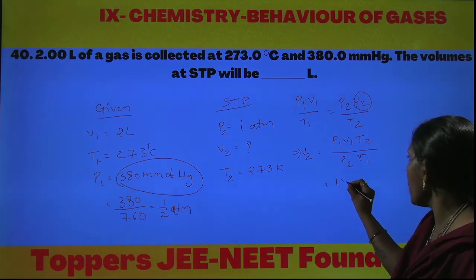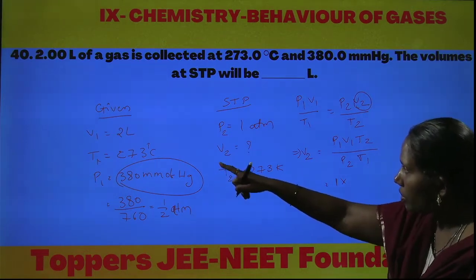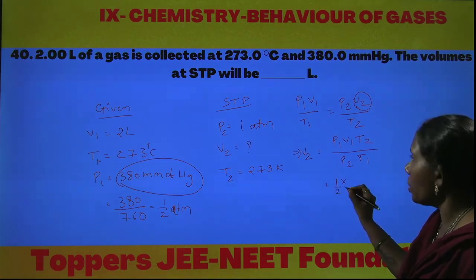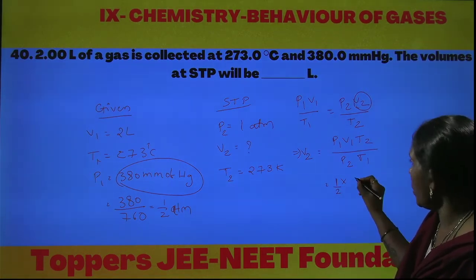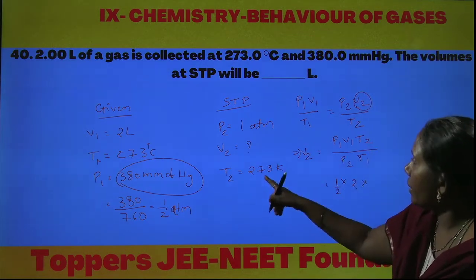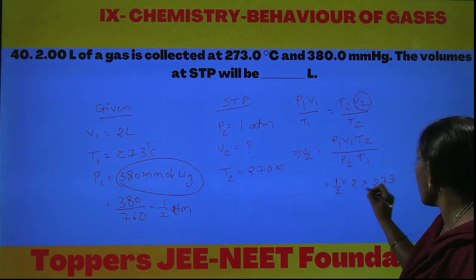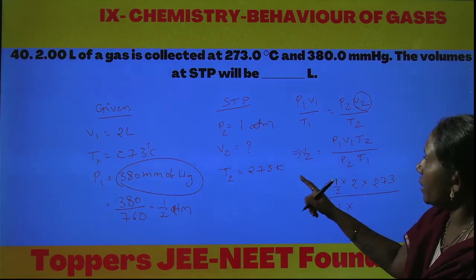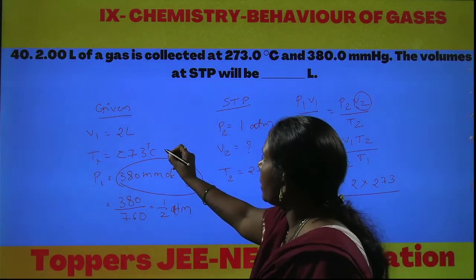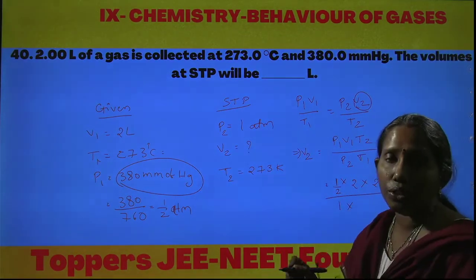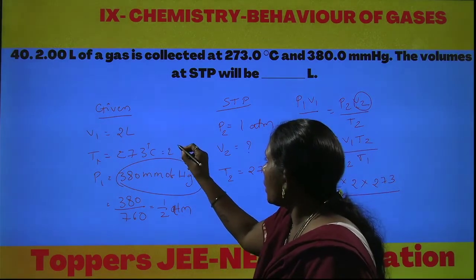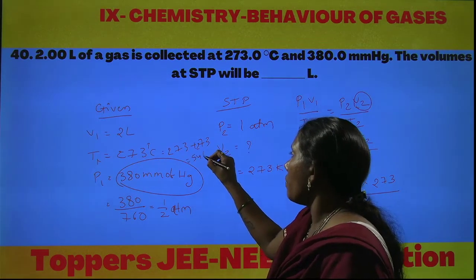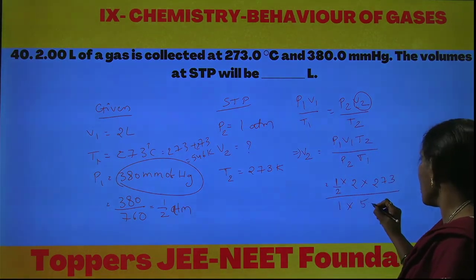P1 is 1 by 2 atmosphere, V1 is 2 liters, T2 is 273 Kelvin, P2 is 1 atmosphere, and T1 is 273 degrees Celsius. This one we have to convert into Kelvin, then 273 plus 273, that is 546 Kelvin, right? So substitute 546 Kelvin.